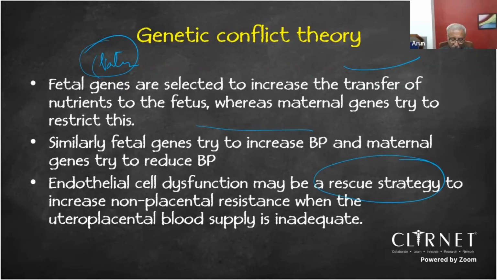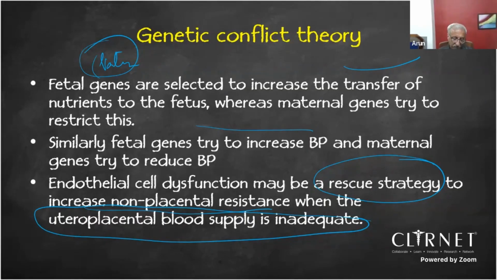Suppose the mother is trying to reduce, what will the fetus do? There will be an endothelial dysfunction. Once endothelial dysfunction occurs, it tries to increase non-placental resistance, when there is an inadequate placental supply. So this is a rescue mechanism by the fetus.